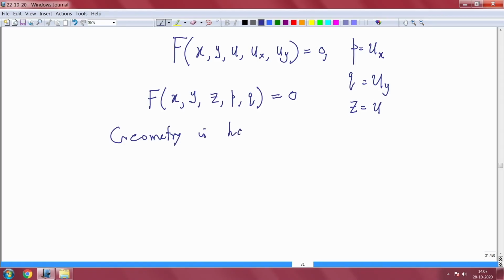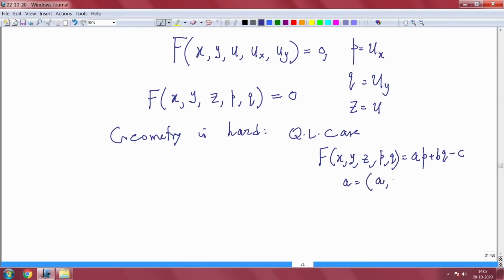In the quasi linear case you have seen that f of x, y, z, p, q is equal to a p plus b q minus c, where a, b, c are functions of x, y, z and it is linear in p and q.